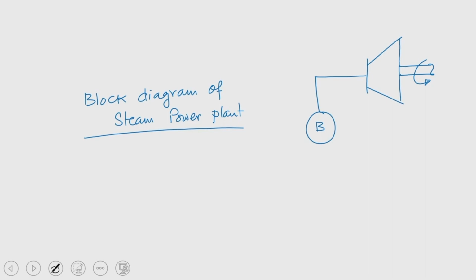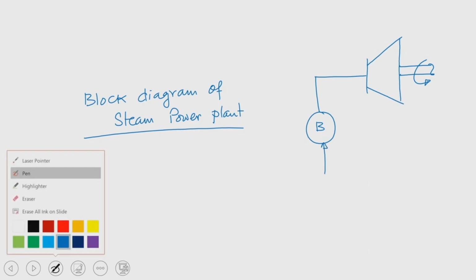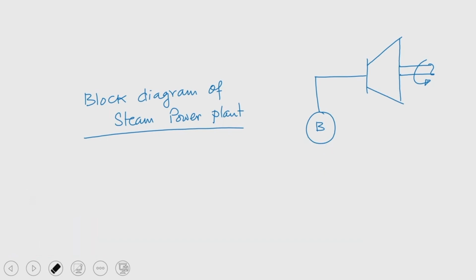I would like to discuss a few important issues before I go on to discuss the rest of the components of this particular system. So, what is done in this particular device, mechanical device or component, whatever you would like to say.